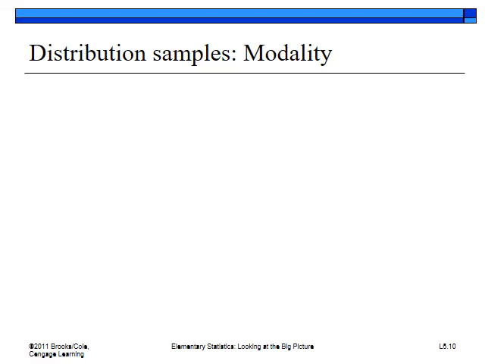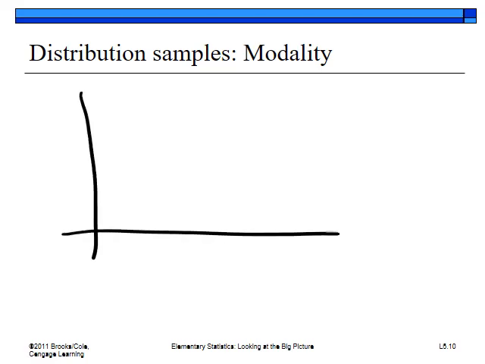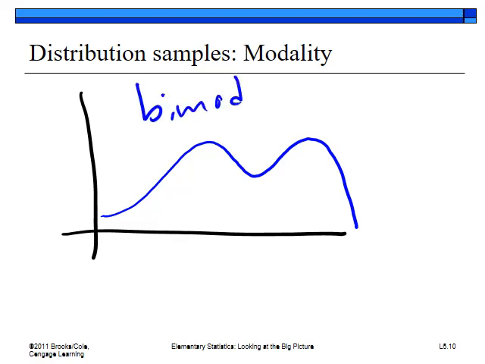Now let's talk about the difference between bimodal and unimodal. A bimodal distribution has two peaks, so its distribution might look like this. If you've seen some of these statistical terms before, you may recall that the mode of a data set is the value that occurs the most often.